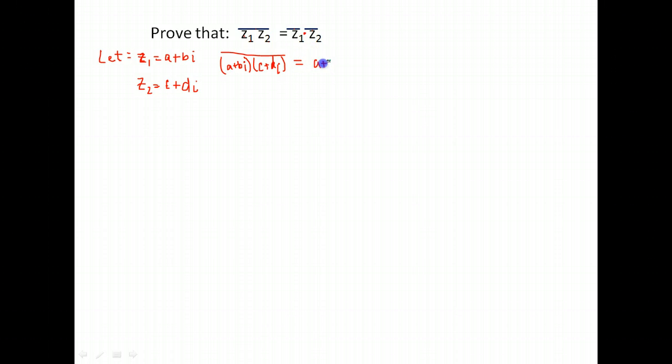So it would be a plus bi conjugate times, I'm going to put parentheses around that, the conjugate of c plus di. And we want to show that when we do that, we get the same thing on each side. So we're going to do both sides. This one we need to multiply first. So I'm going to multiply here, FOIL.